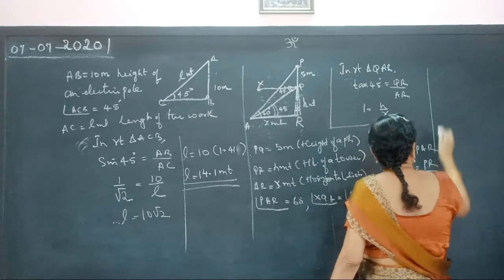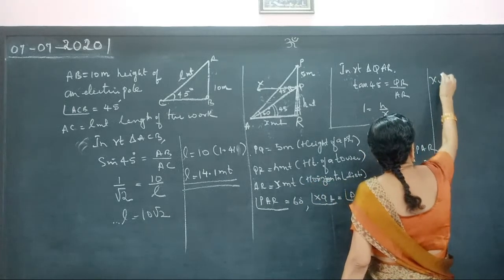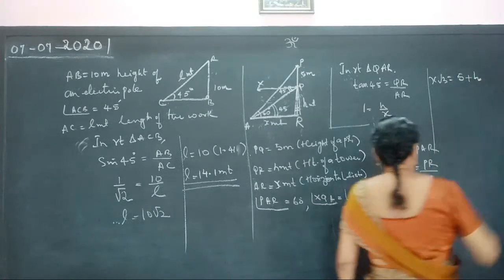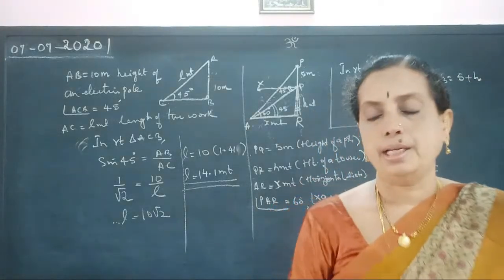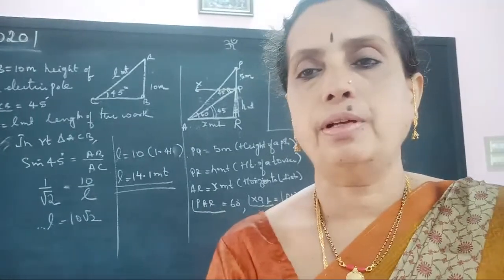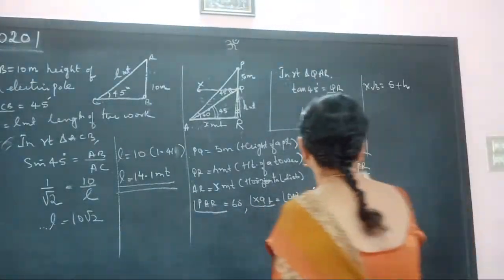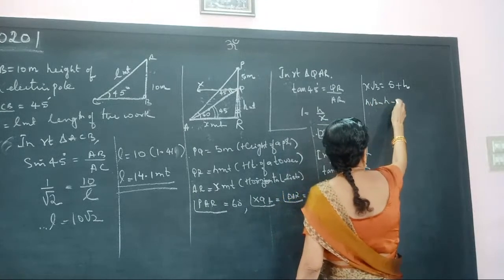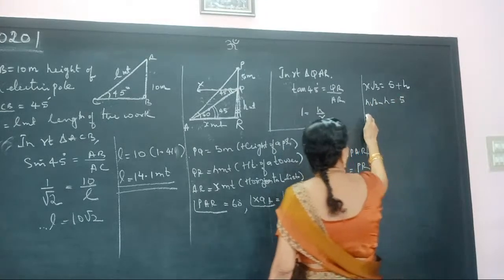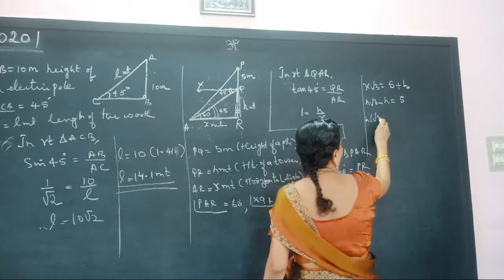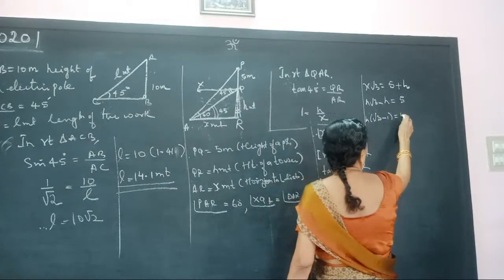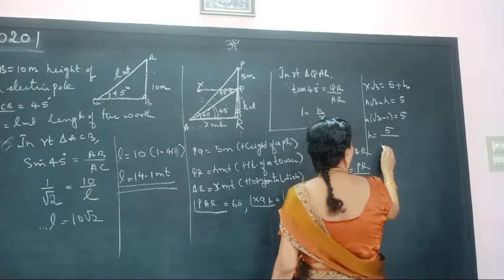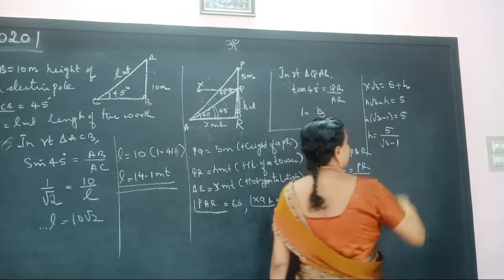You will get x root 3 equals 5 plus h. But in the beginning condition, we have taken x equals h, that we substitute here. h root 3 minus h equals 5. Taking h common, root 3 minus 1. Therefore, h equals 5 upon root 3 minus 1.